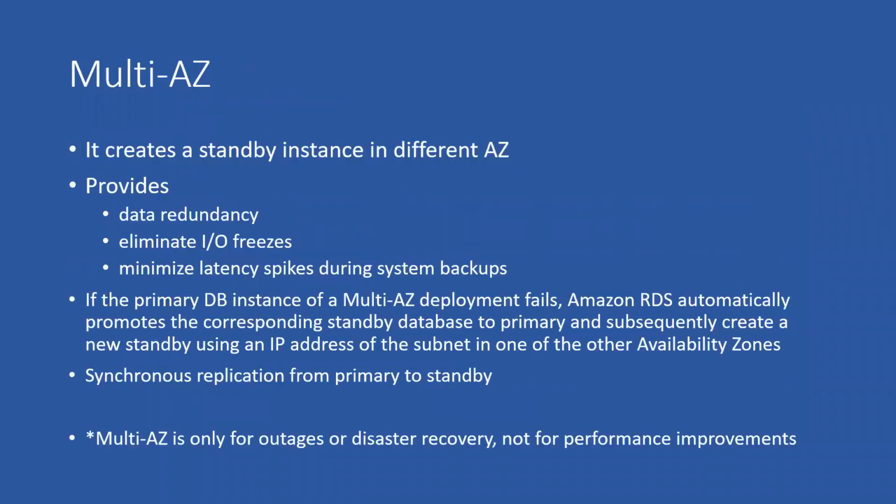Yes. Read this statement here: if the primary DB instance of a multi-AZ deployment fails, Amazon RDS automatically promotes the corresponding standby database to primary and subsequently creates a new standby using an IP address of the subnet in one of the other availability zones. So it does two things. One, it promotes the standby to be your primary.